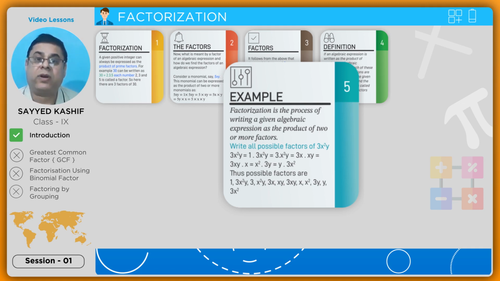So those possible factors of 3x square y are 1, 3x square y, 3, x square y, 3x, xy, 3xy, x, x squared, 3y, y, and 3x squared.